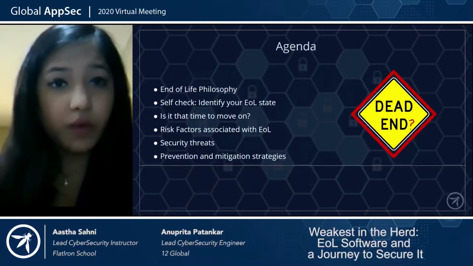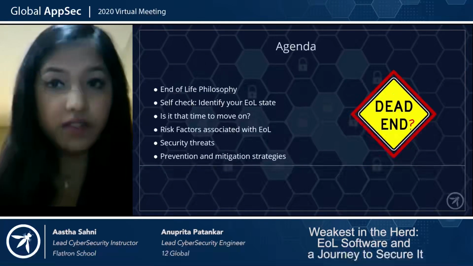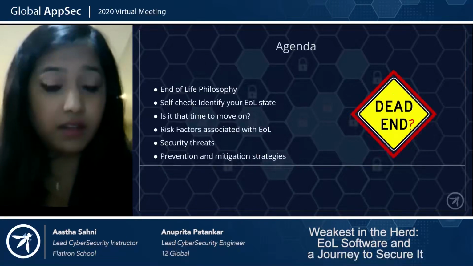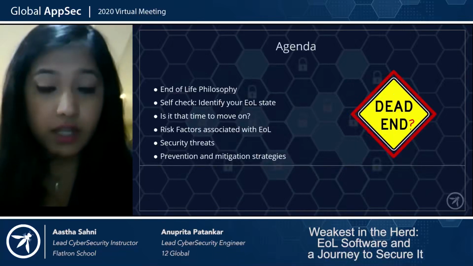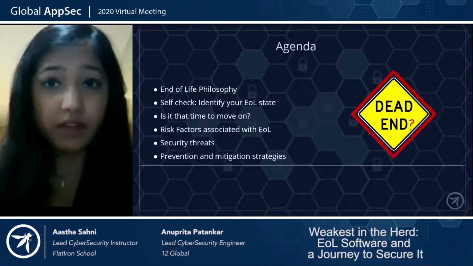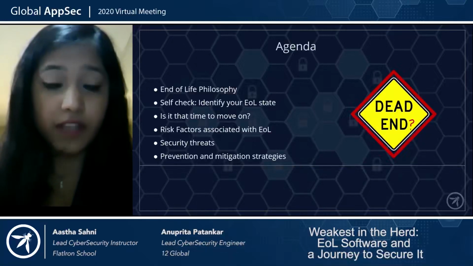Moving forward, we'll see the end-of-life philosophy to understand how it gets to where we are today, because it's not what just happened yesterday or today. It's been happening and going around for a long time, and the journey is very important to understand.